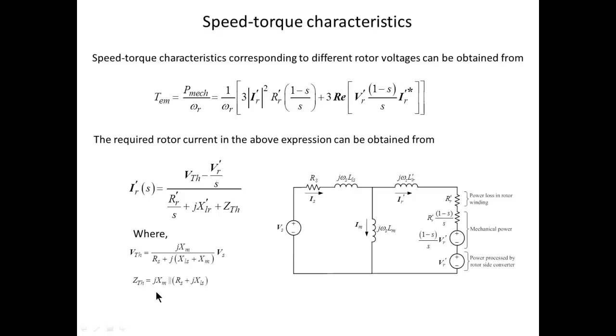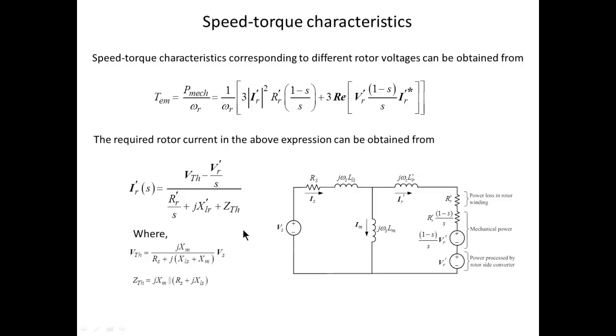Z theta is the parallel combination of the magnetizing reactance and RS plus the leakage reactance. Okay? And the Thevenin voltage would be the voltage division. So that's this impedance divided by the sum of all the impedances times Vs is VTH.